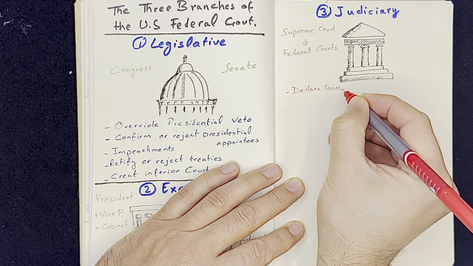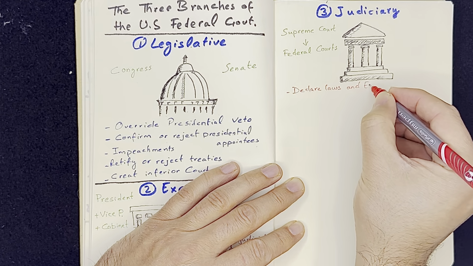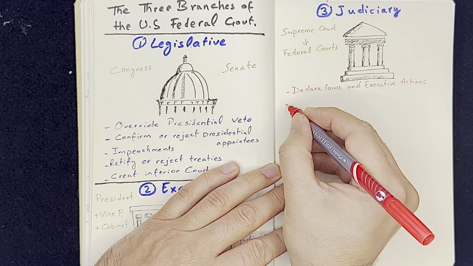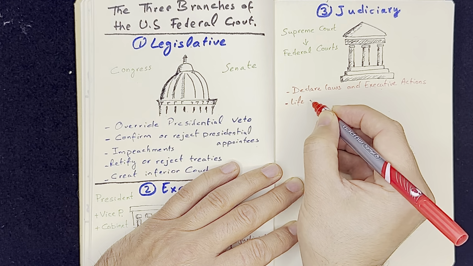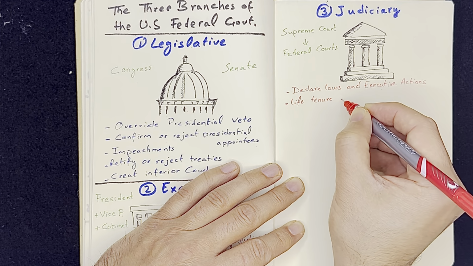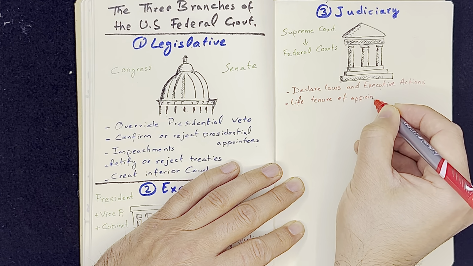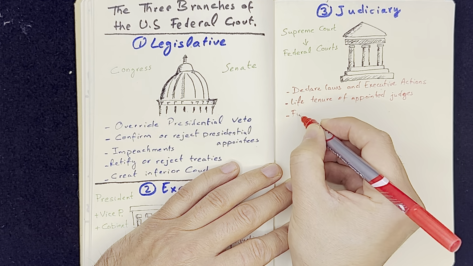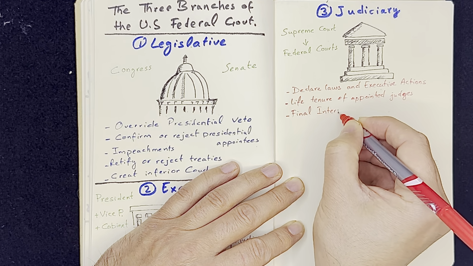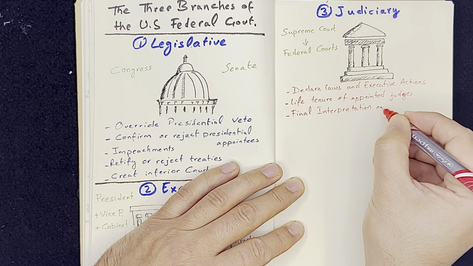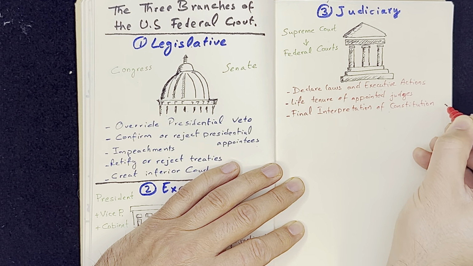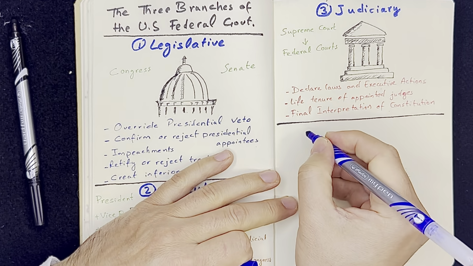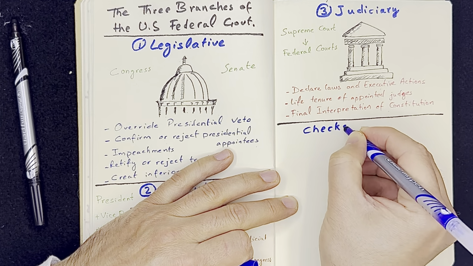Now the responsibilities: declaring laws and executive actions unconstitutional, ensuring that the life tenure of appointed judges protects them from executive and legislative interference. And the third important responsibility is serving as the final interpreter of the Constitution.